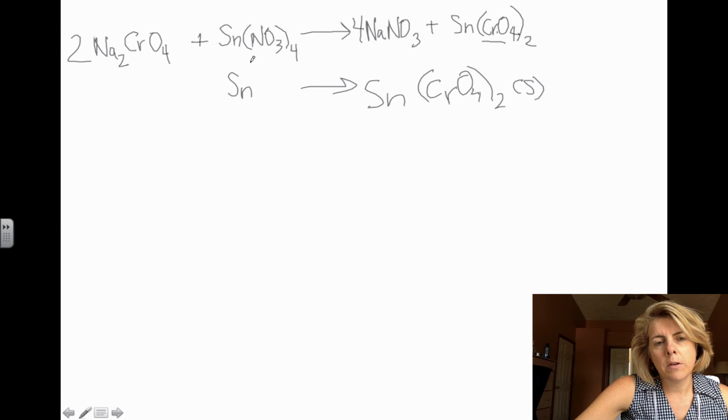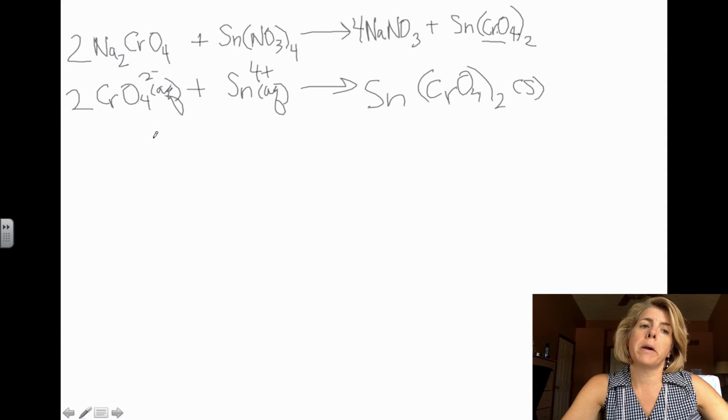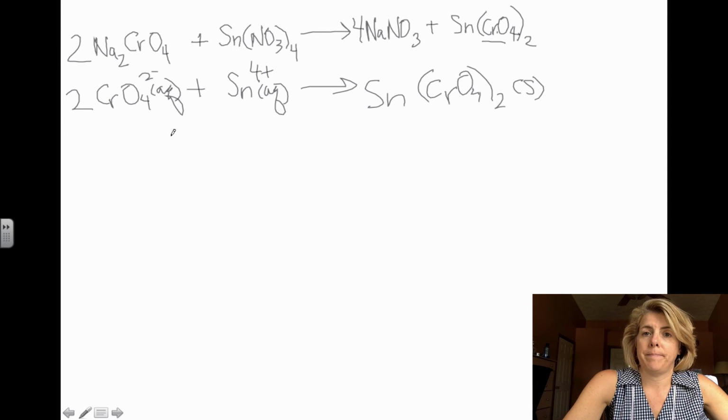So there's tin 4+, and it's aqueous, plus, now I have to be careful, there's a 2 in front of this. So I want to list the 2, and then I want to list the anion, which is CrO4 2- aqueous. Okay, so this is my net ionic equation.